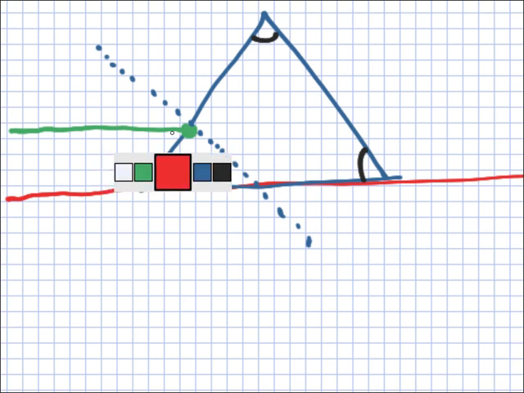Can you see here, how much is this? 60. So, how much is this? Try again. This is 60, this is 90. So how much is this? 30.